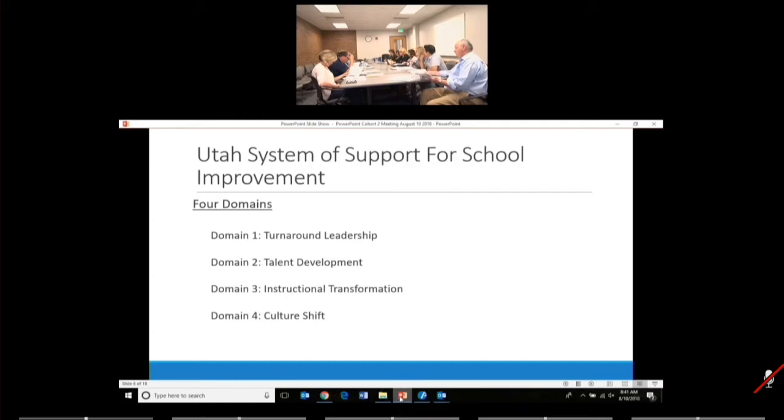Domain 3, instructional transformation, diagnose and respond to student learning needs, provide rigorous evidence-based instruction, remove barriers and provide opportunities. Domain 4, culture shift, build a strong community intensely focused on student learning, solicit and act upon stakeholder input, engage students and families in pursuing educational goals. And if you go through the document, it'll list under there particular indicators.